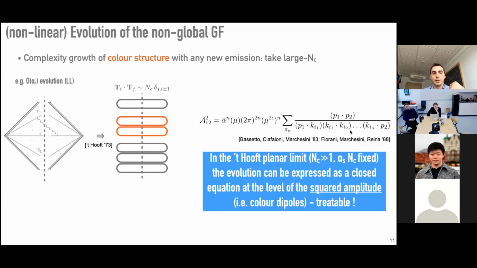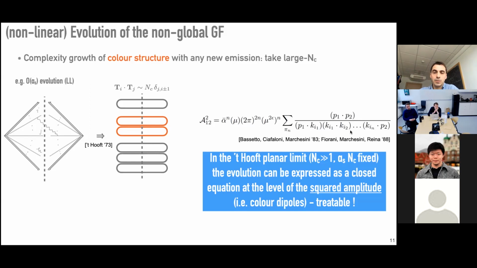So we assign basically a color line to the quark, to any fermion, and two color lines to a gluon, and a color dipole is basically defined by one of these color lines that connects a pair of particles that are next to each other in the color chain. So this is a big simplification and makes the problem Markovian and on paper treatable.